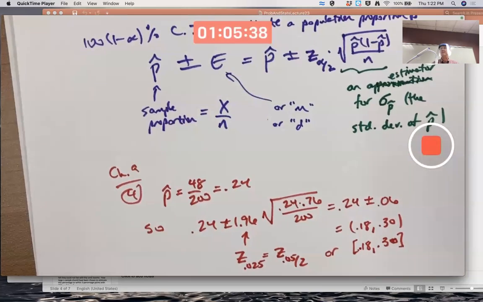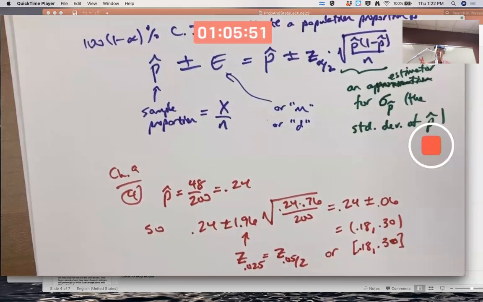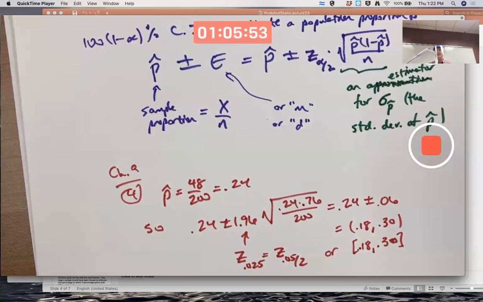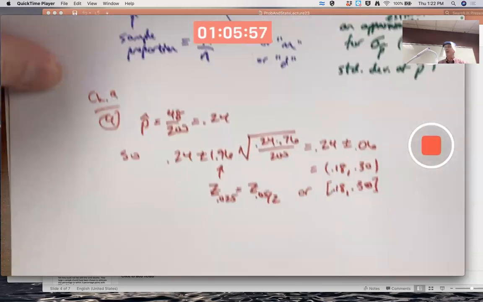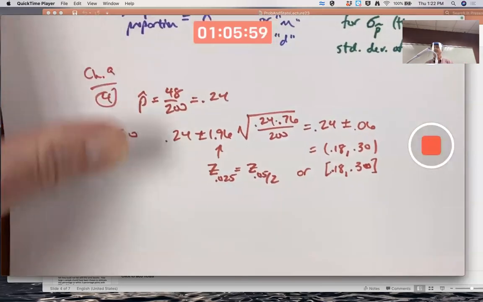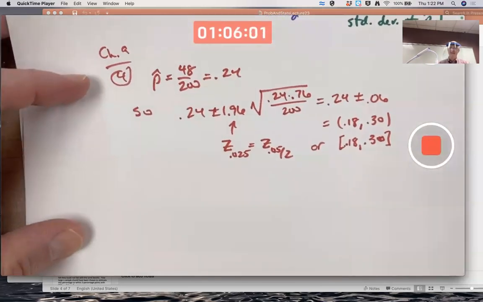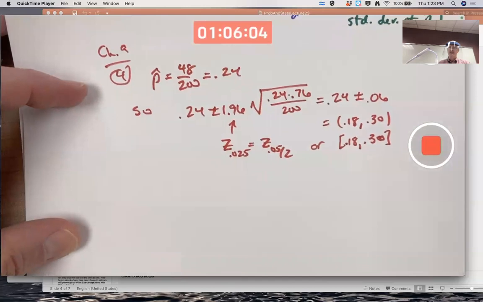I'm almost positive that p is not in there. And that can happen. Though on the flip side, people rarely do repeated sampling, right? The goal is to do just one random sample and get one interval, because you just don't have the time or money to do more than one. You just do one and you just hope. Pray if your job depends on it.